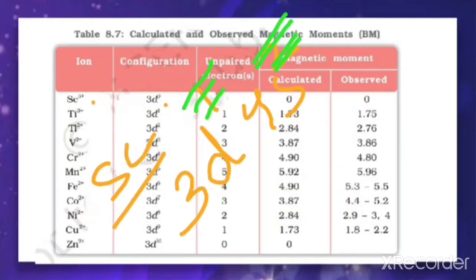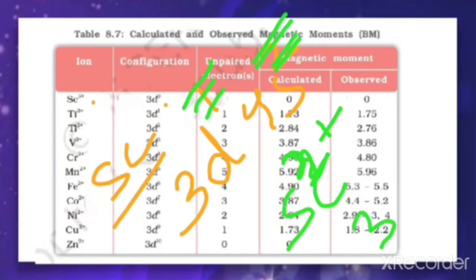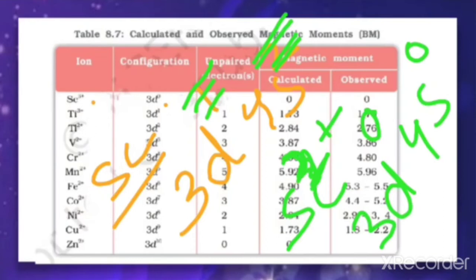So the 3 electrons are lost. Now the configuration for scandium 3 plus becomes 3d0 4s0. That means there is no unpaired electron present, because there is no electron in these.